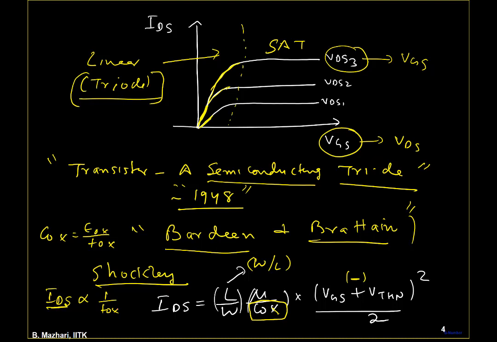So besides your memory that COX should be in the numerator, you should have an intuitive feel for how this MOSFET works and why it should be in the numerator. All right? Okay. Let me draw another characteristics.